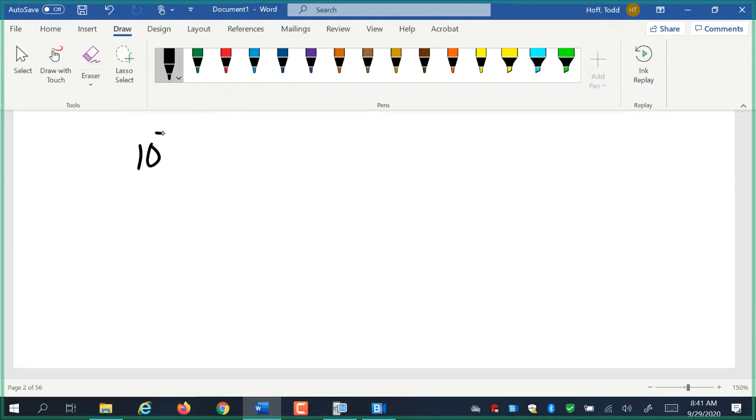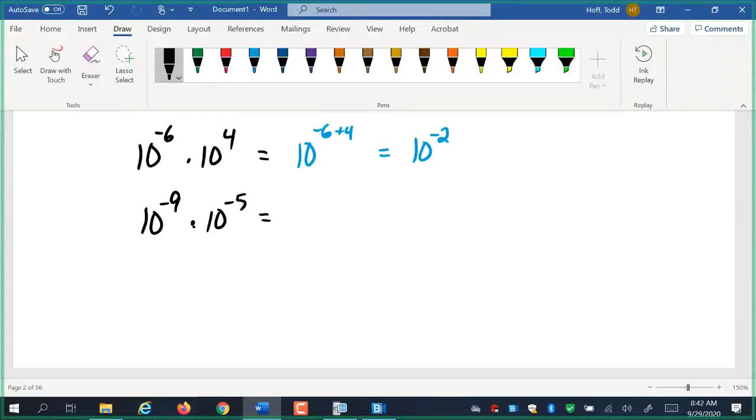So we might have 10 to the negative 6th times 10 to the 4th. We combine those. Again, they both have a base of 10, so our result has a base of 10, and it's negative 6 plus 4, which is negative 2. That's 10 to the negative 2. 10 to the negative 9th times 10 to the negative 5th.